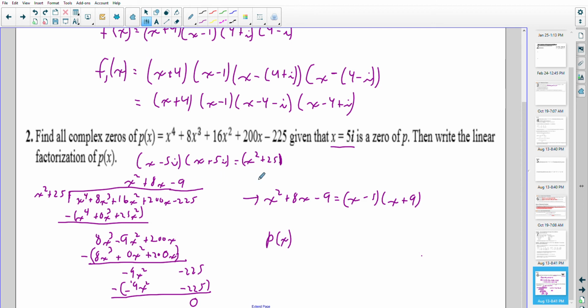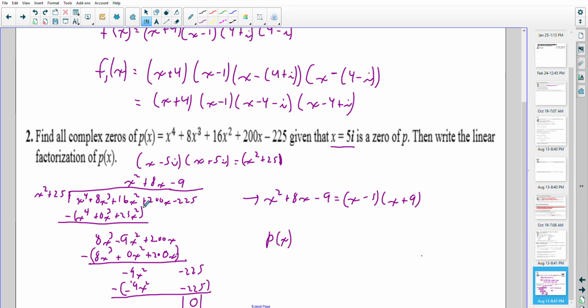Now you're talking about real numbers. I can't use the synthetic division because of this square. I have to only apply it where it's to the first power. And when I do long division here, I should end up with a remainder of 0. If you didn't, then there's a mistake.